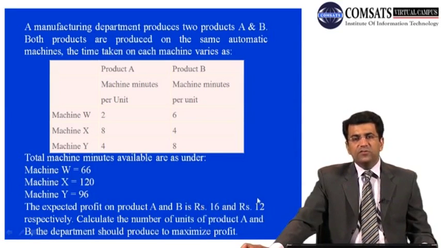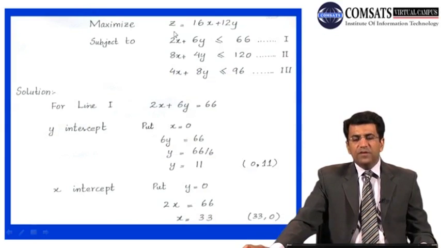Similarly, if you are producing 1 unit of product B, the profit is 12 rupees, and suppose that we are producing y units of product B, the total profit for product B will be 12y. If we combine the total profit for product A and product B, then the final objective function or the profit function will be z = 16x + 12y.